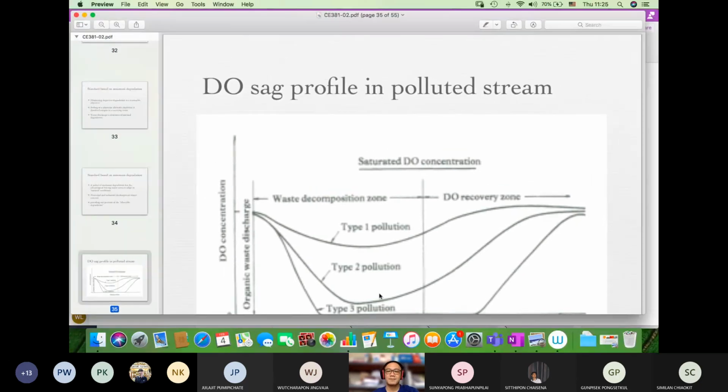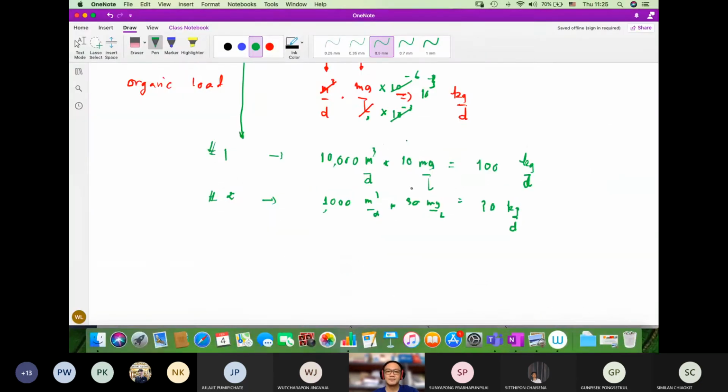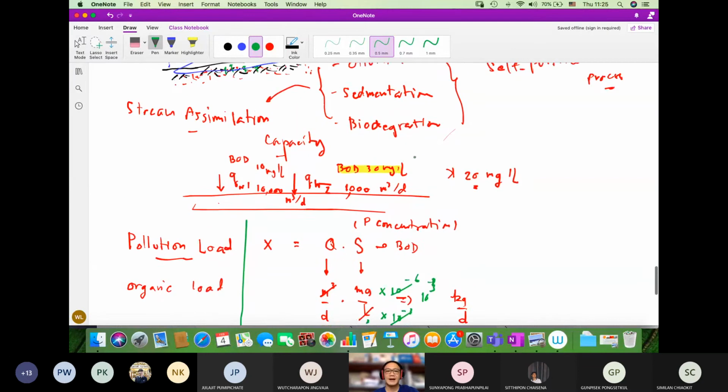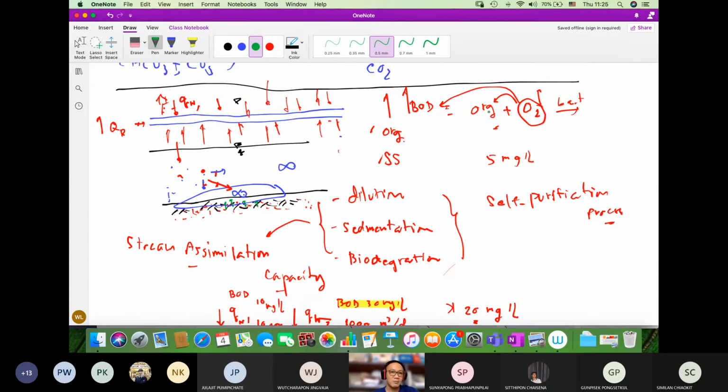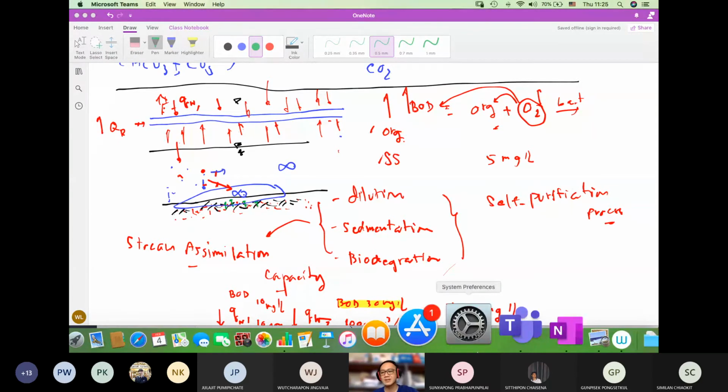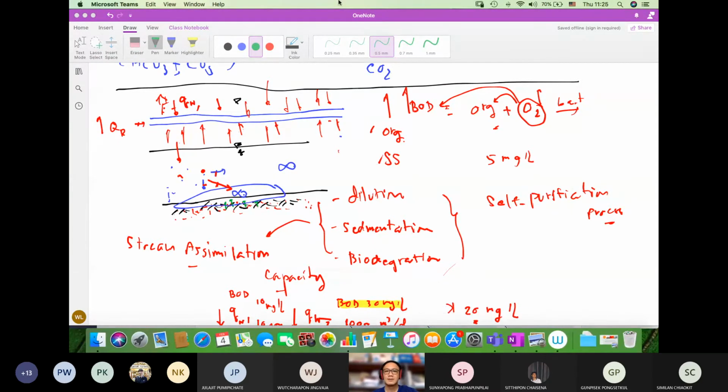Just like I explained, in the self-purification process, oxygen in the river gets utilized by the microorganisms. So finally, the oxygen concentration in the river will get lower.